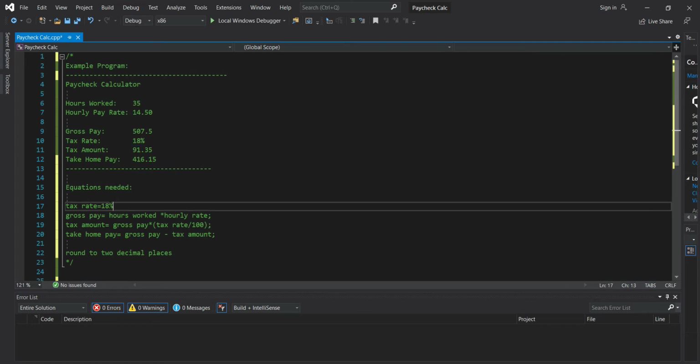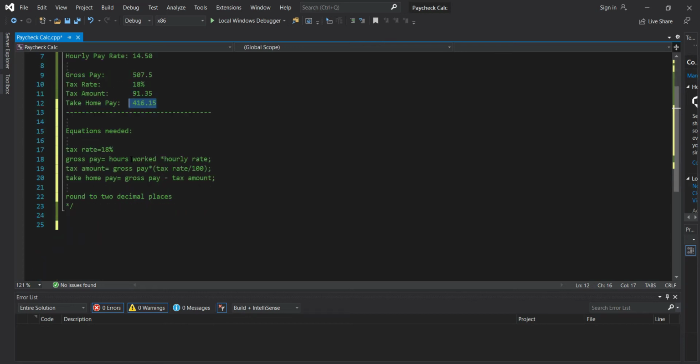As you can see, the tax rate is going to stay at 18%. And then we're going to find the tax amount, so what is actually being subtracted from our gross pay. And then we are going to auto generate again our take home pay.